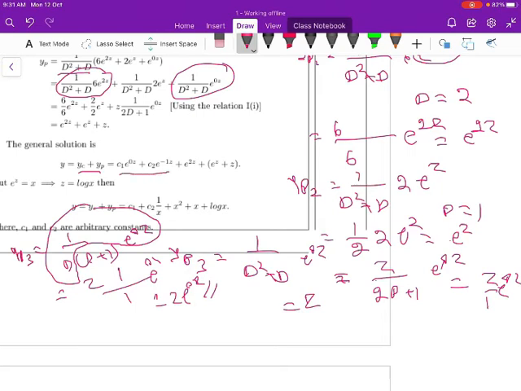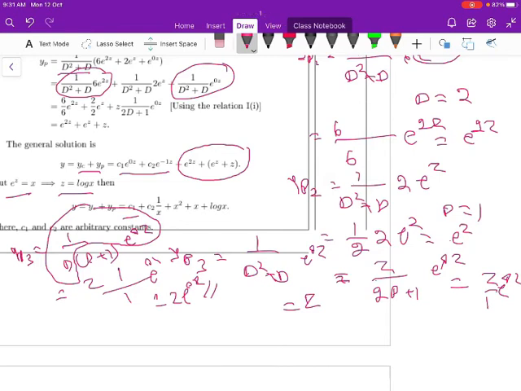Therefore the general solution is y is equal to yc plus yp, where yc is c1 into e power 0z plus c2 into e power minus 1z, and the particular integral is e power 2z plus e power z plus z. But here we used the transformation e power z is equal to x, so z is equal to log x. So you have to convert from the independent variable z to x.